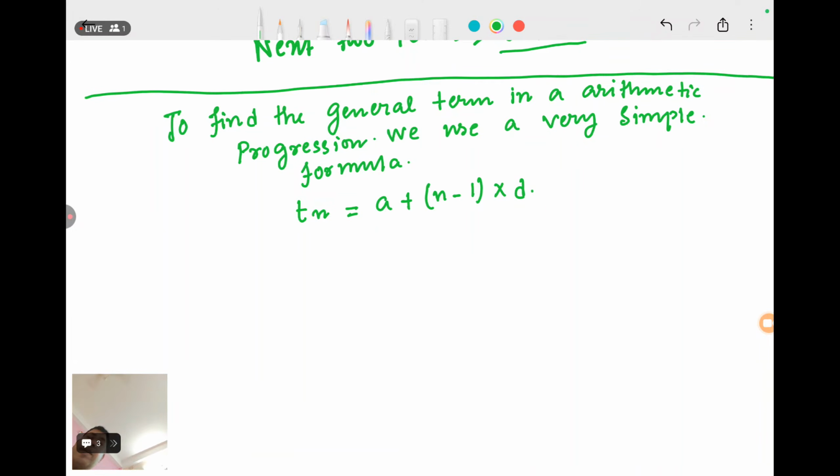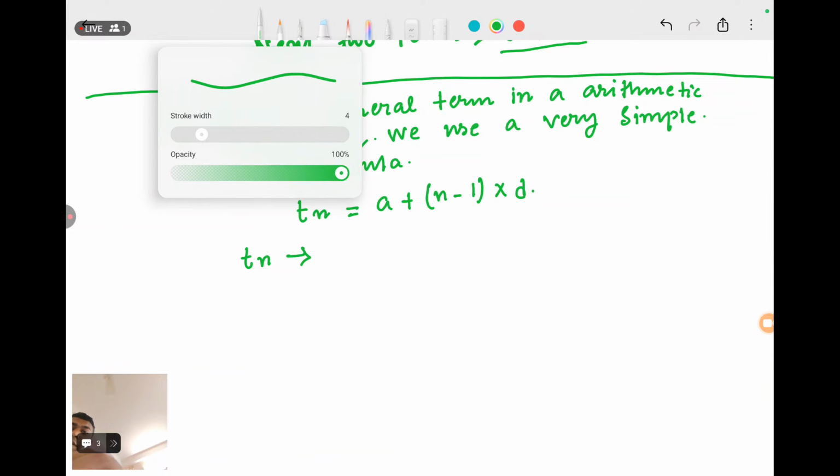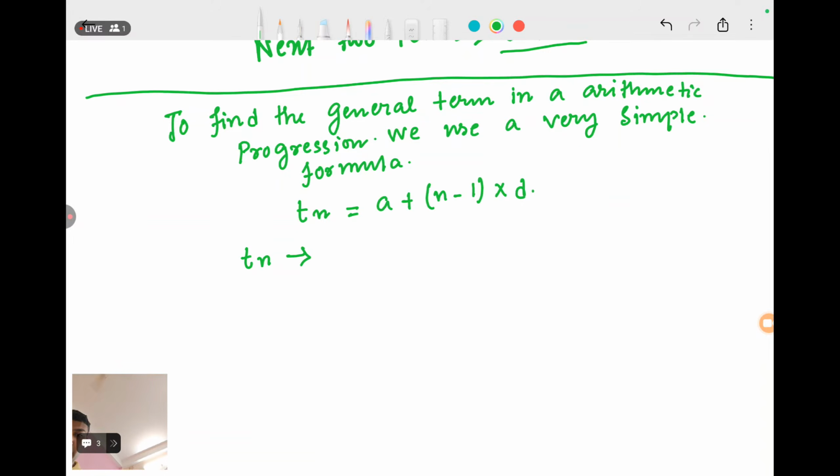Okay, now what is tn denoting? tn is denoting the general term in an arithmetic progression. What is a denoting? a is denoting the first term.